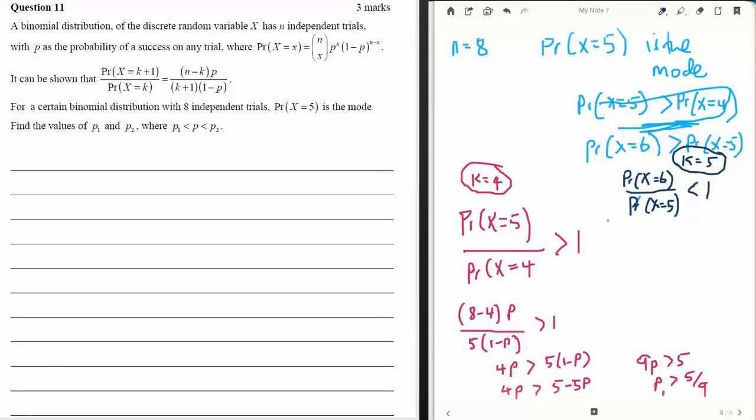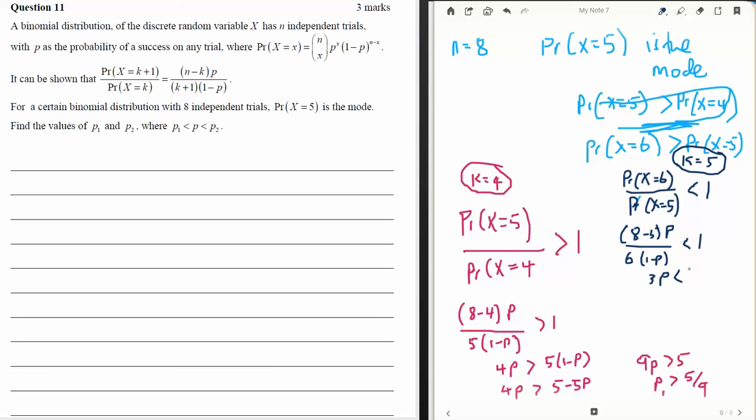So this equals n minus k, 8 minus 5, times p over k plus 1, 6, times 1 minus p is less than 1.